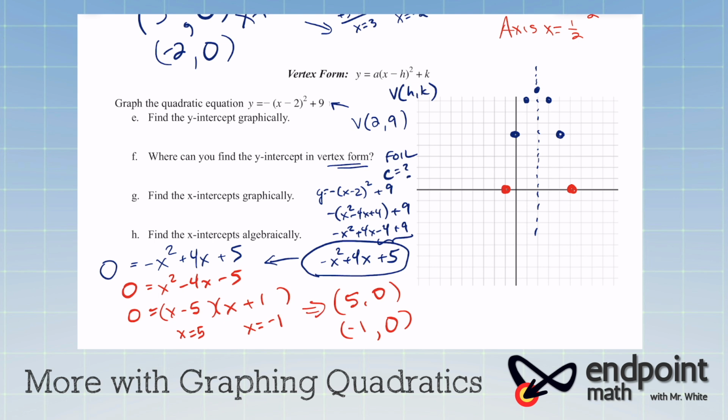And if you check with that little trick that I talked about, 1, 1, 2, 4, 3, 9, it puts us right there. Those are our x-intercepts. So we get this graph going down just like that.